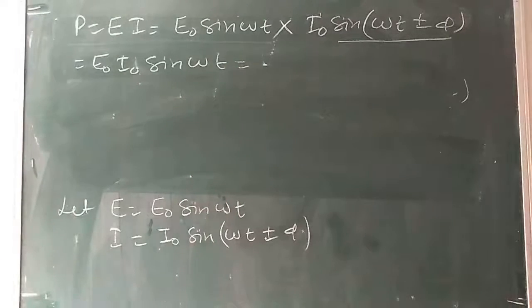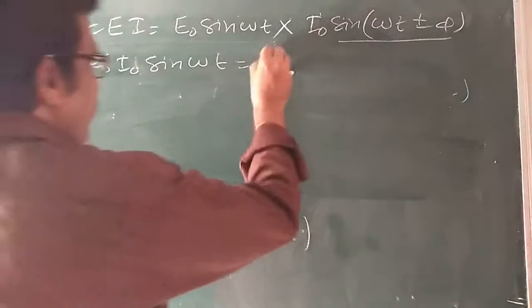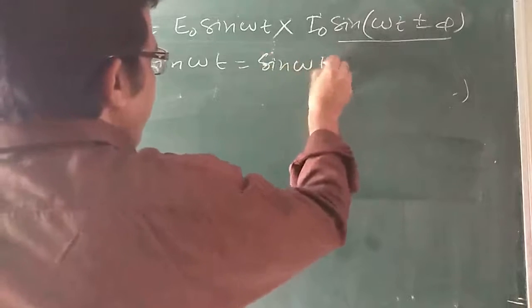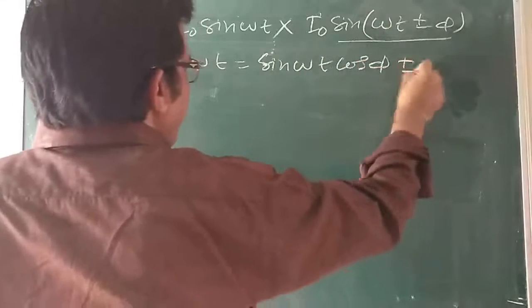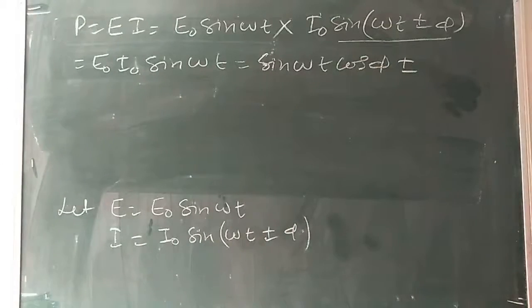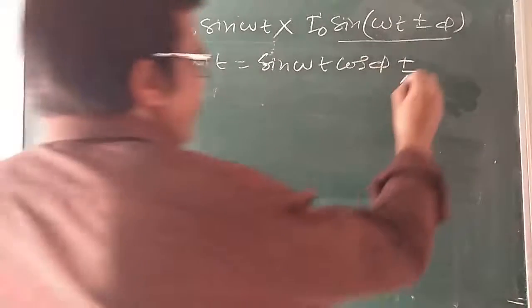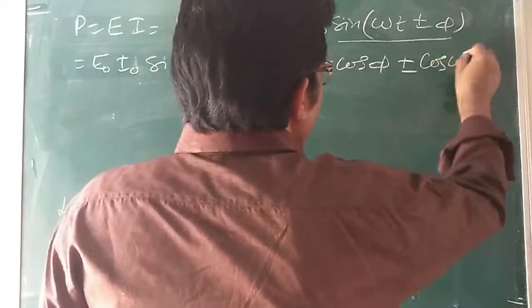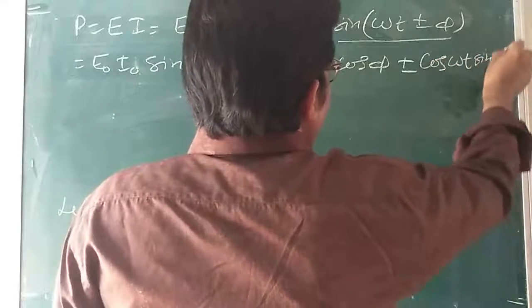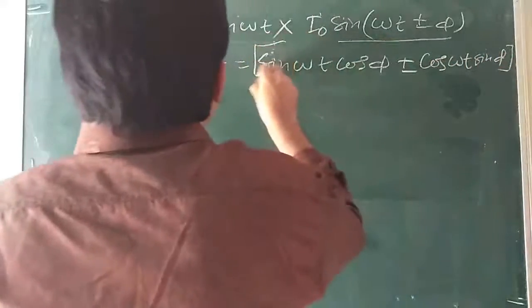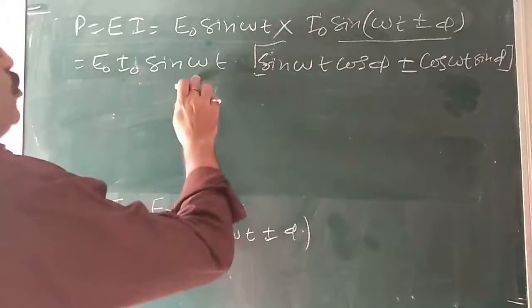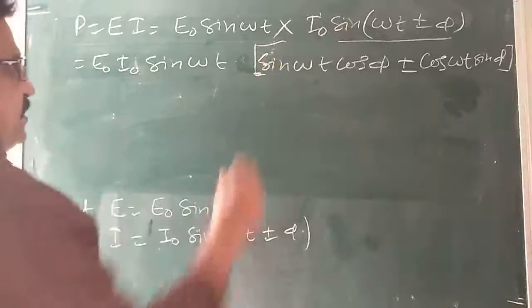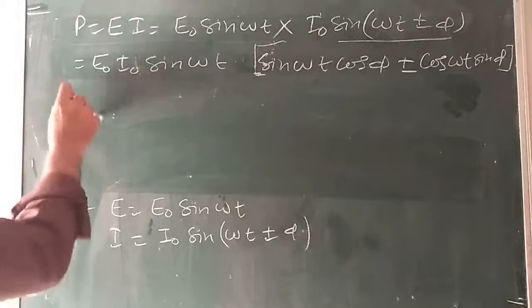I can write here sine A cos B, that is sine omega t cos phi, plus minus cos A sine B, that is cos omega t sine phi. Is it clear? So we can write E naught I naught sine omega t and open this with the help of the trigonometrical relation.